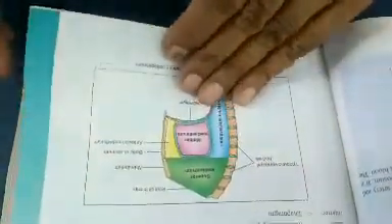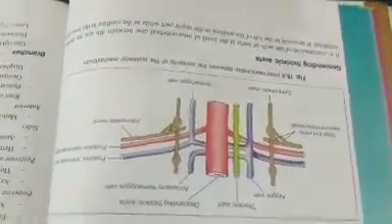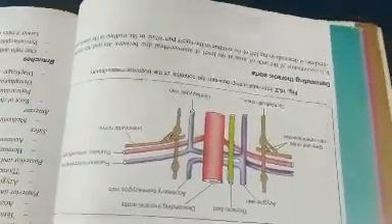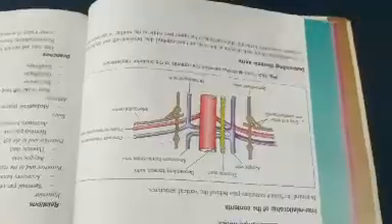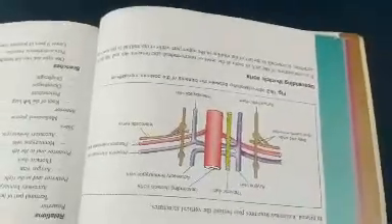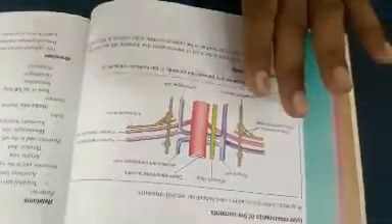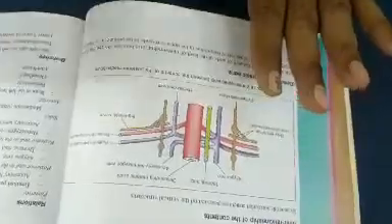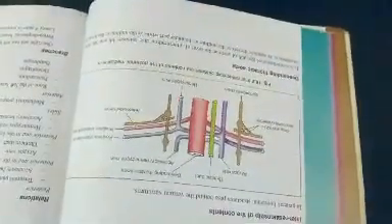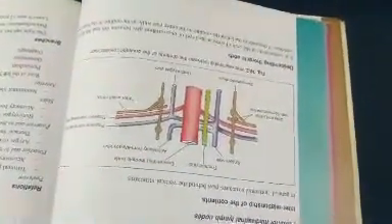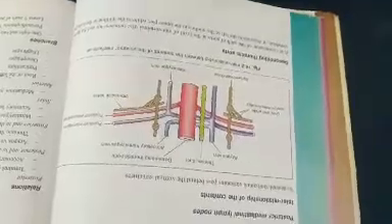Now, see another diagram here. This is another diagram. Here, first of all, let us define the boundary of the posterior mediastinum. Above, it is bounded by the imaginary line passing through the lower border of the thoracic vertebra, and below lies the diaphragm.